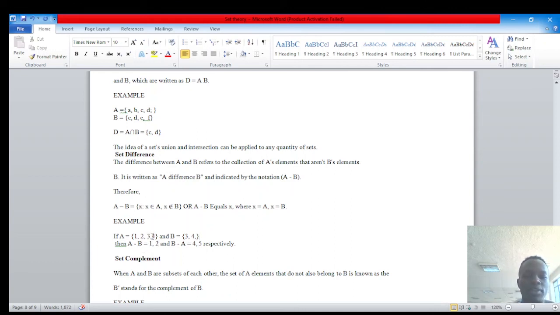Why? Because 3, 4 is found in set B also, so we exclude it.